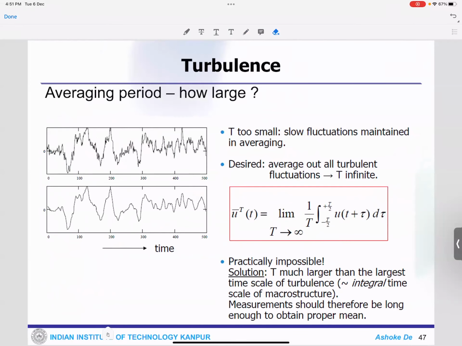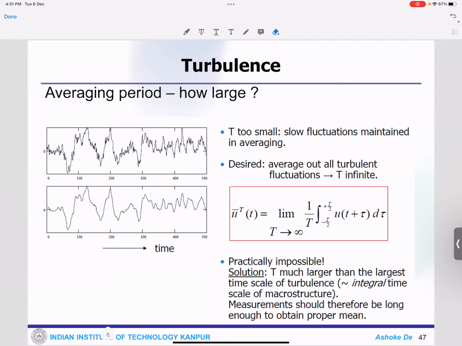Similarly, if you talk about this time average, the question comes: how large should it be? If the time averaging is too small, then the slow fluctuations are retained in the averaging. What is desired is to average out all the turbulent fluctuations, as if T is infinite. So there are always checks and balances in how long you do the time averaging.